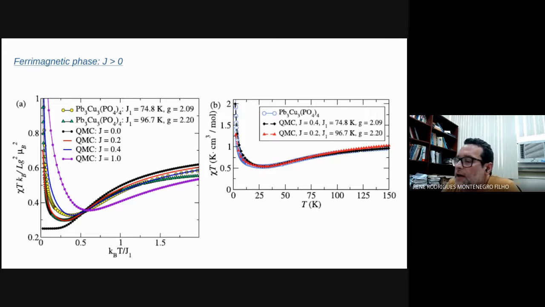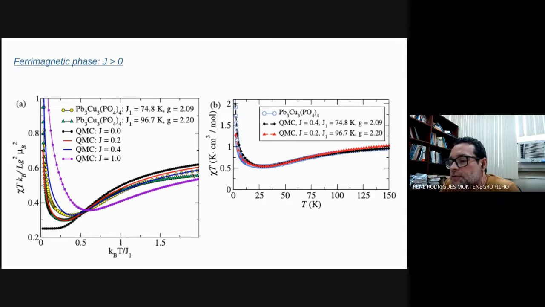First, we have tried to fit our results to their susceptibility results. And interestingly, the quantum Monte Carlo results point to two values of J. One for the higher energy, the higher temperatures, this yellow circle here, the value is 0.4.